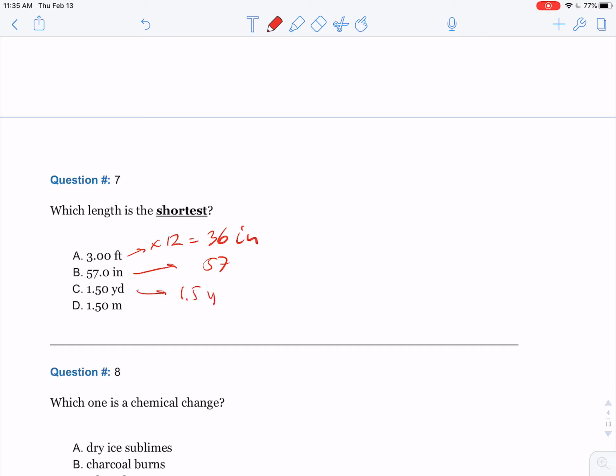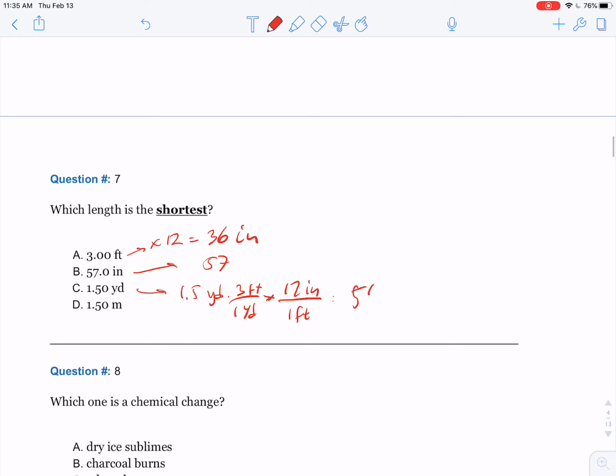Yards, you have 1.5 yards times 3 feet per yard times 12 inches per foot, and that's 36 times 1.5, 54. So right now this is winning, 36. And 1.5 meters is more than 1.5 yards, so a meter is slightly longer than a yard, so therefore the shortest distance is 3 feet.